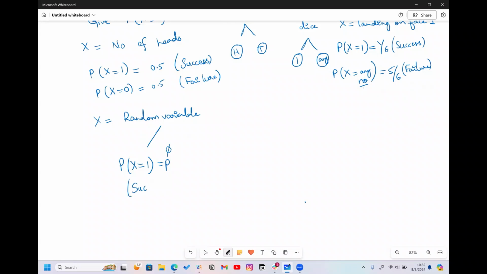So this is the probability of success, and the probability of X equals 0, or failure, is 1 minus P. So the definition of the Bernoulli distribution will be, for X equals x, P to the power x times 1 minus P to the power... is that right?